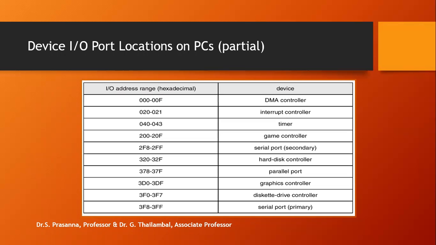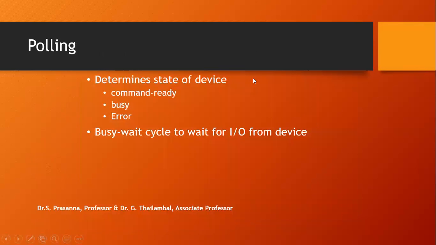You have many devices, but only some devices and their I/O address ranges have been given here. You will have some more devices which will have different I/O address ranges.